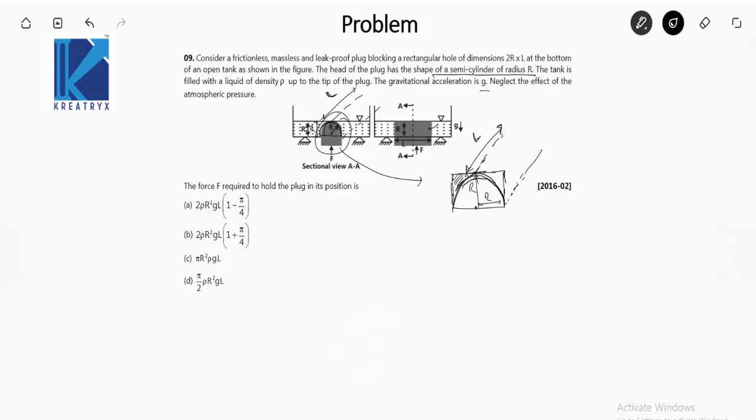This shaded portion is what? This is a fluid of density rho, and in this portion also the same case, fluid of density rho. So can you guys tell me what will be the total volume of this semi-cylinder?